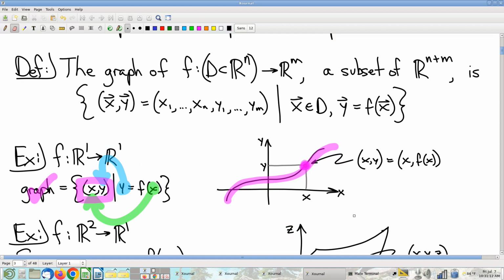The reason we have a two-dimensional picture is because of the graph construction. The fact that I have a two-dimensional picture is in no way intrinsic to this function. We get a two-dimensional picture because we chose that we would like to do this weird thing where we take input variables and output variables and smash them together to make a single point. That is totally arbitrary, and kind of weird.